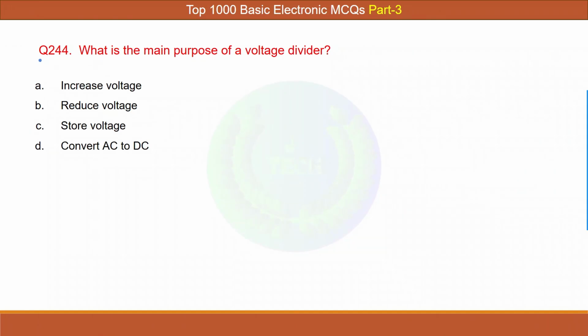Next question, question number 244. What is the main purpose of a voltage divider? Option A increase voltage, option B reduce voltage, option C store voltage, option D convert AC to DC. The answer is option B reduce voltage.